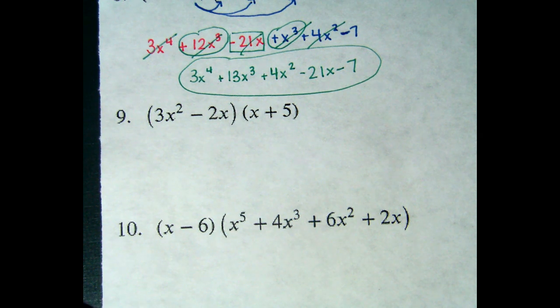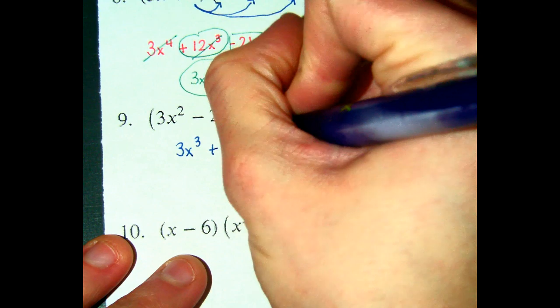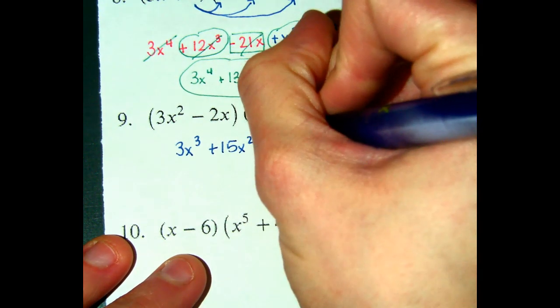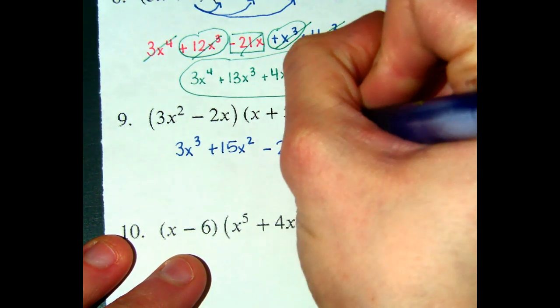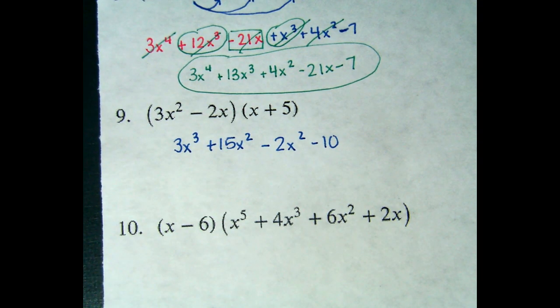Okay, you said 3x to the third plus 15x squared minus 10. That one was like what we did earlier. We just went back to what we did before. Okay.